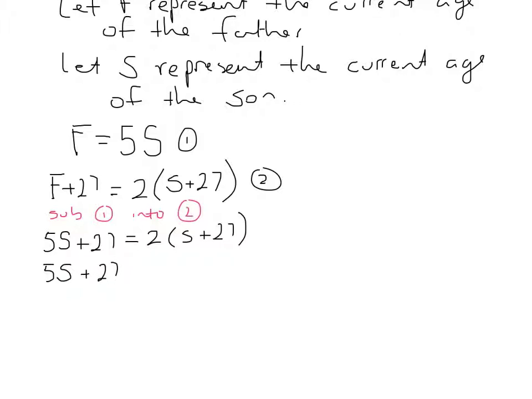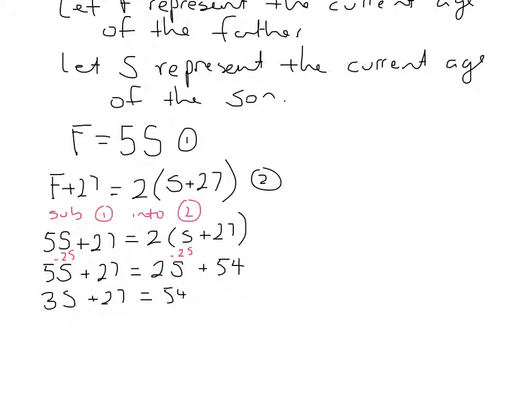We'll expand out the bracket on the right-hand side is equal to 2s plus 2 times 27 is 54. I'm now going to collect the like terms, so I'll take away 2s from both sides. And that will leave us with 3s plus 27 is equal to 54.